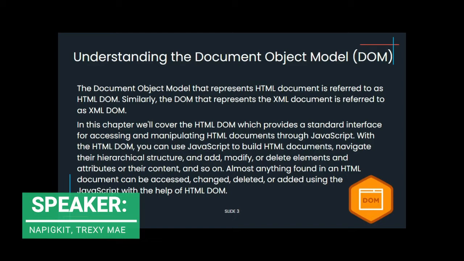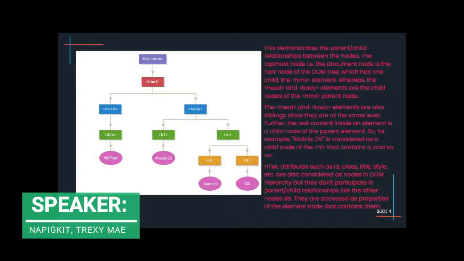Almost anything found in an HTML document can be accessed, changed, deleted, or added using JavaScript with the help of the HTML DOM. So this demonstrates the parent-child relationship between the nodes. The topmost node, which is the document node, is the root node of the DOM tree, which has one child, the HTML element, whereas the head and body elements are the child nodes of the HTML parent node.